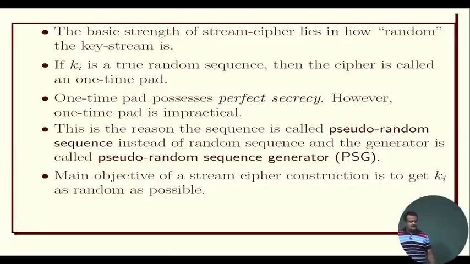This is the reason we call this sequence a pseudo random sequence instead of a truly random sequence, and the key stream generator which gives this sequence is called a pseudo random sequence generator. The main objective of the stream cipher is to construct this key stream as random as possible.